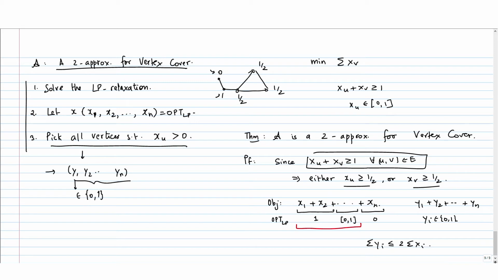Okay, let me modify this. Sorry, I made a mistake. This doesn't go. So, I pick each vertex where xu is at least half. I wanted to show something else. So, pick each vertex whose value is at least half.